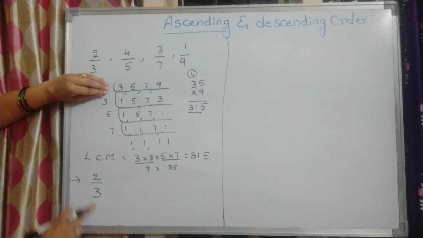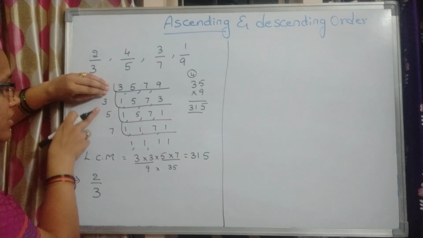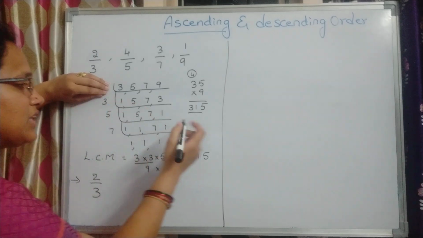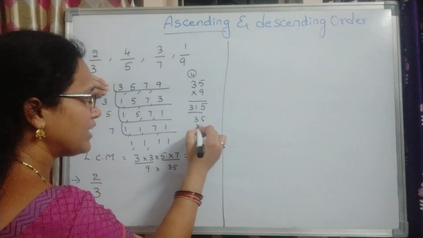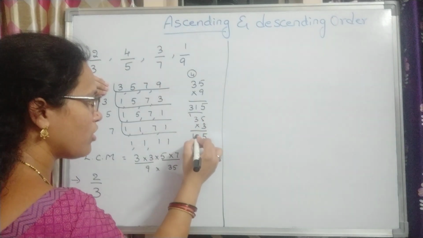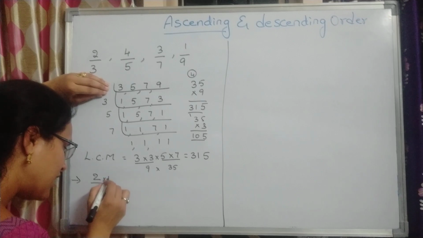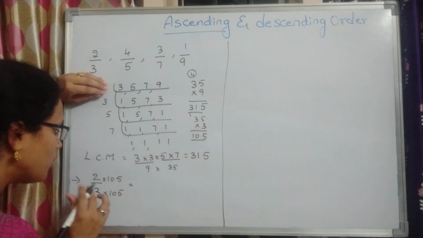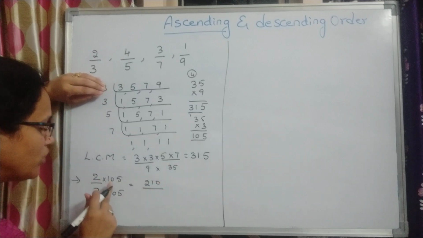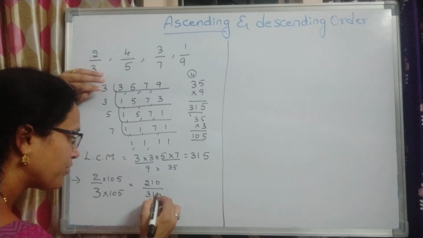So remove that 3. And what are the remaining factors present in the LCM? 3 5s are 15, 15 times 7 is 105. So you need to multiply the denominator with 105 and the numerator with 105 as well, which gives 210. 2 times 105 is 210, and this gives you 315.